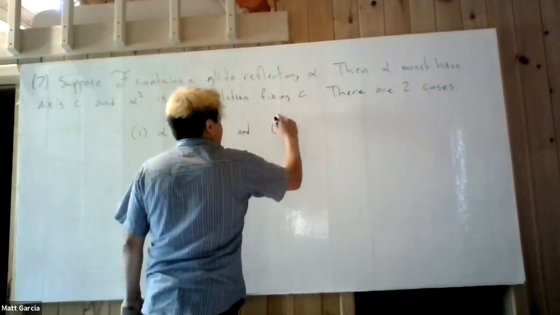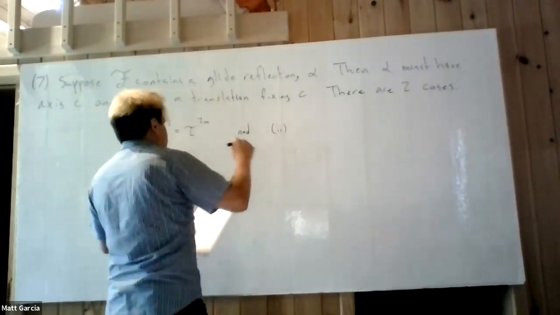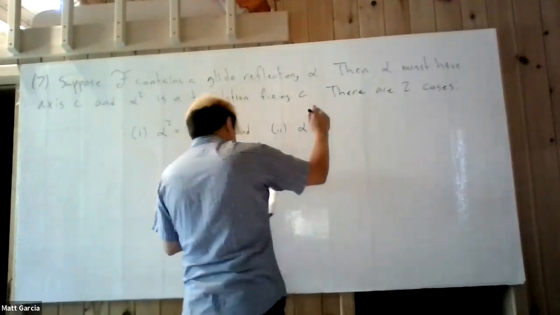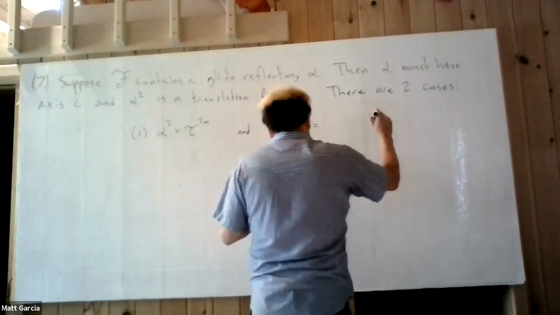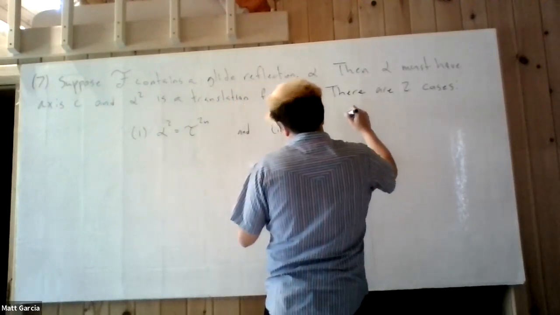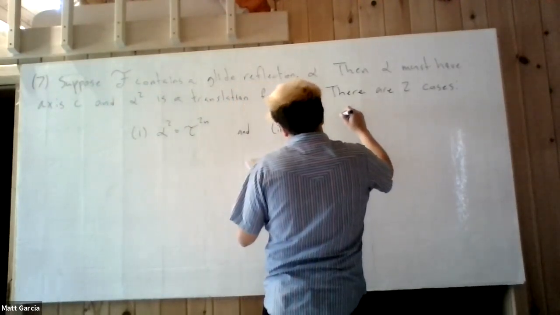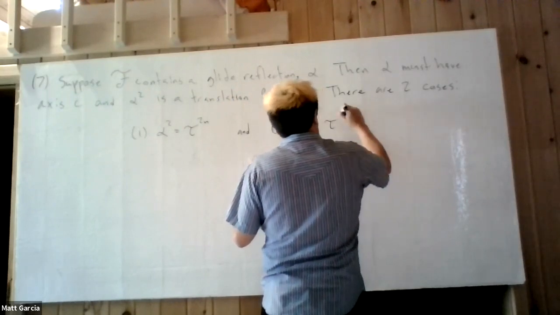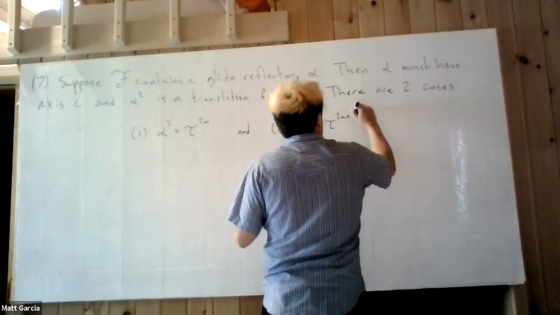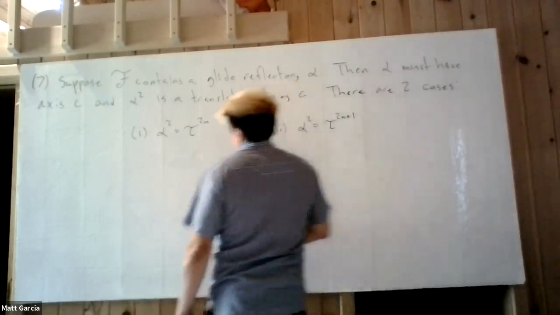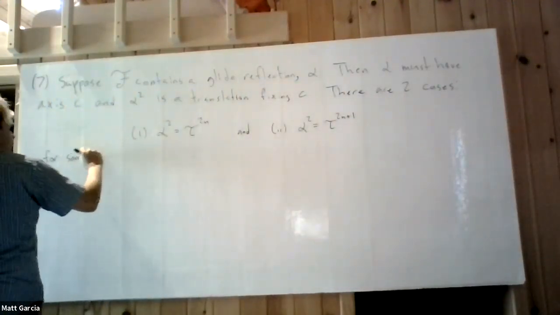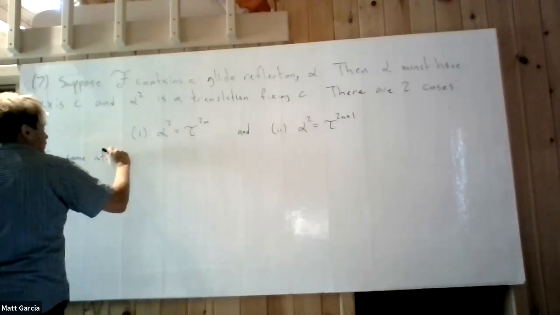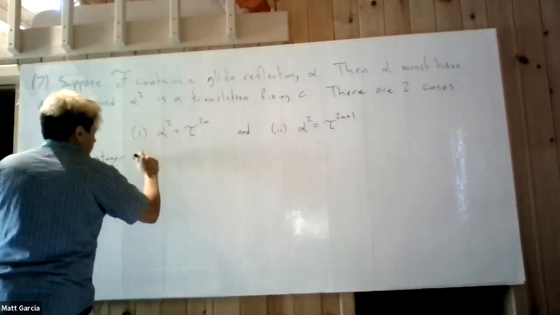And the second case is that alpha squared is equal to tau to the 2n plus 1, for some integer n.